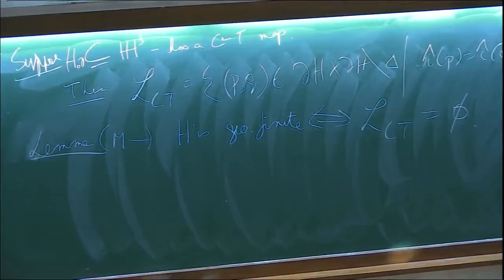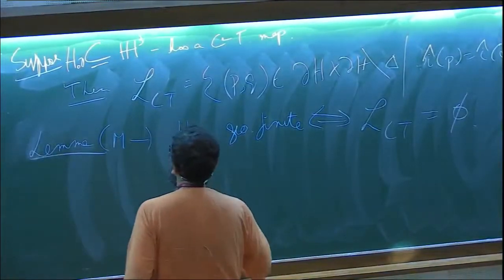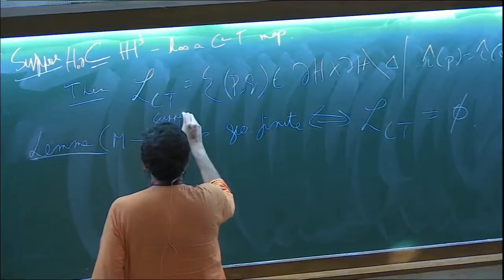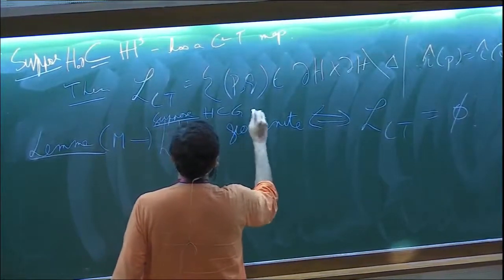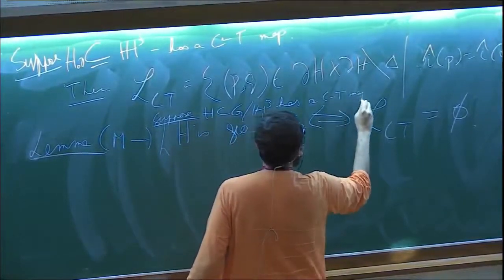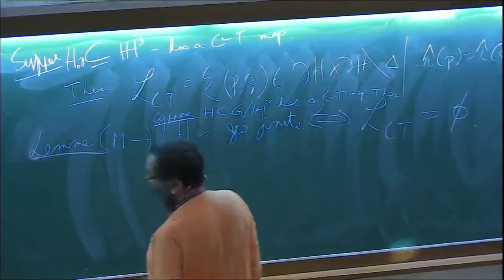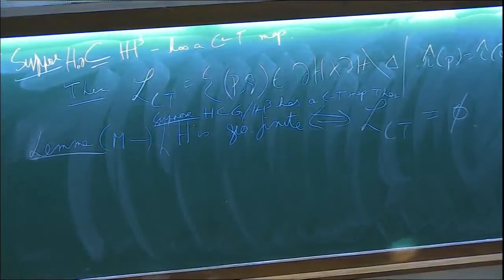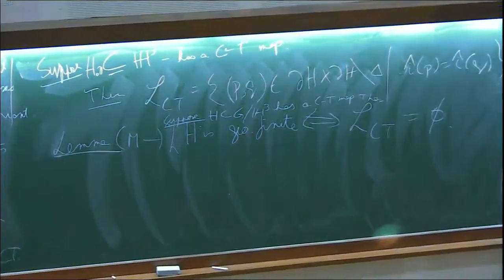There's a crucial hypothesis: suppose H contained in G or H3 has a CT map, then the geometric finiteness is characterized by this CT lamination being empty. So what is this CT lamination, the Cannon-Thurston lamination, really capturing? It's capturing sets of bi-infinite geodesics whose geodesic realization is infinitely far away, which essentially says that the 2 points at the end are getting identified.